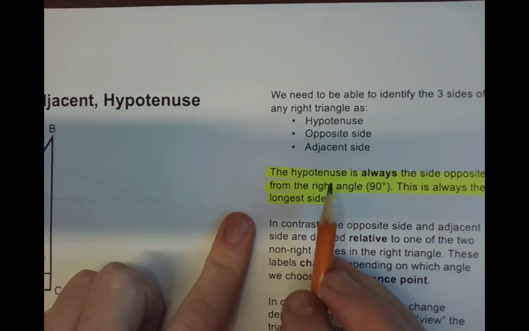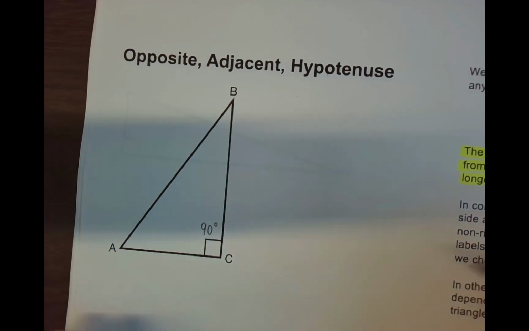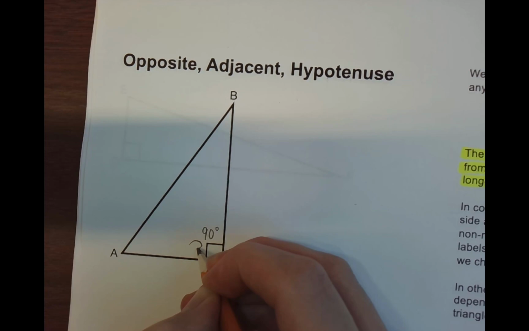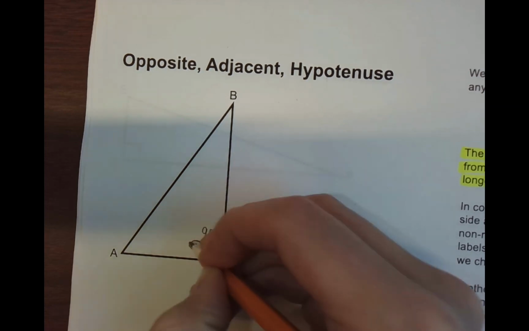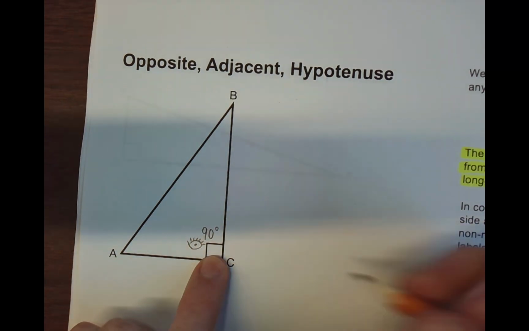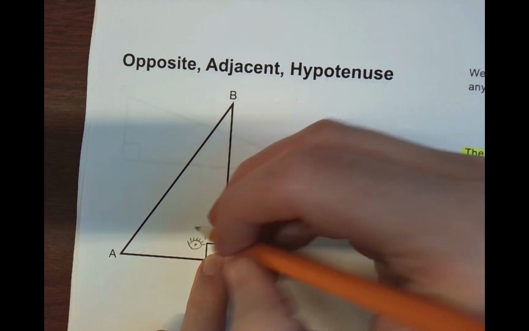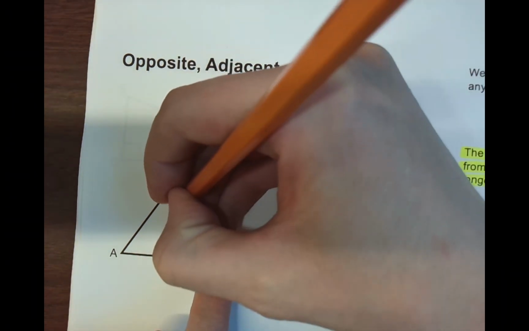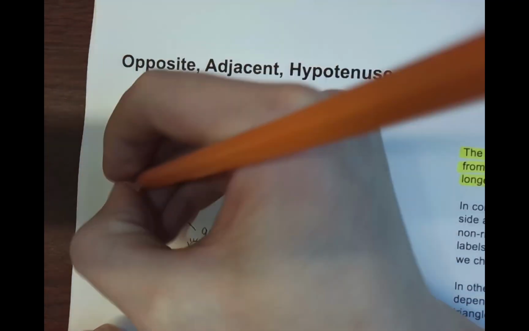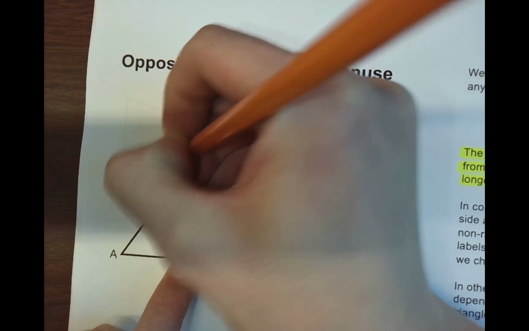The hypotenuse is always the side that's opposite from the right angle. If you shrunk yourself down and viewed the triangle from the perspective of that 90-degree angle, opposite to that is the hypotenuse, this longest side.